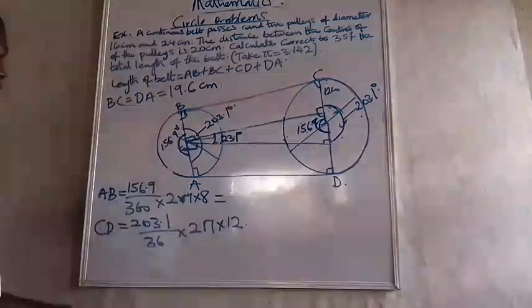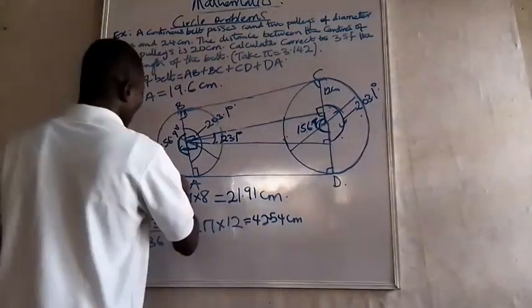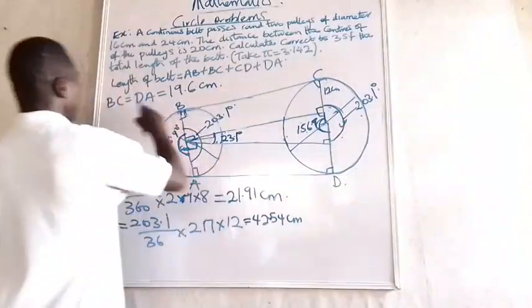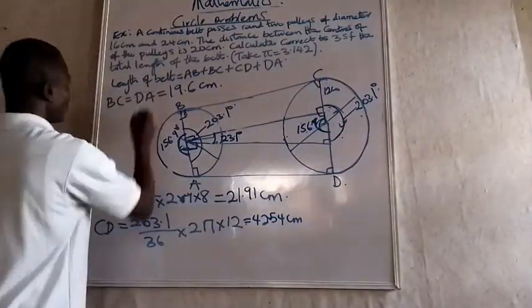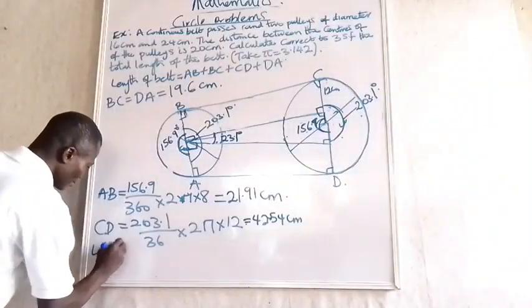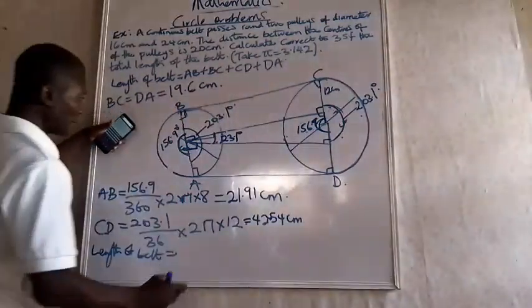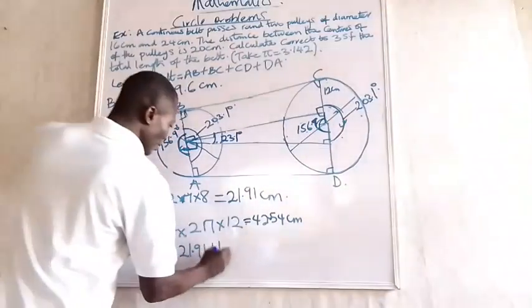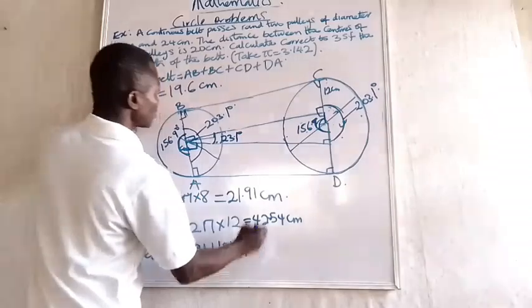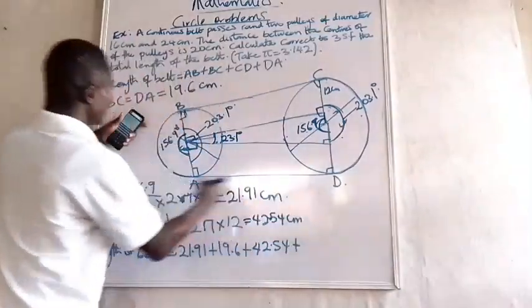Using the standard value for pi. So I have gotten AB, I have gotten CD, and we had already gotten BC and DA. So the total length of the belt is AB, that is 21.91, plus BC 19.6, plus CD 42.54, plus DA 19.6.